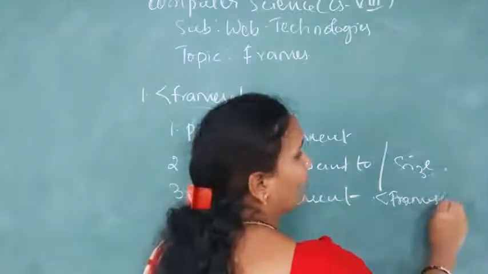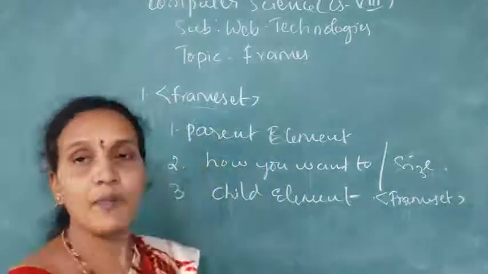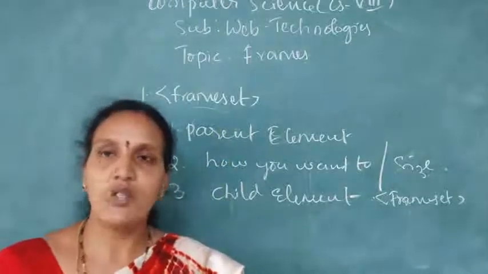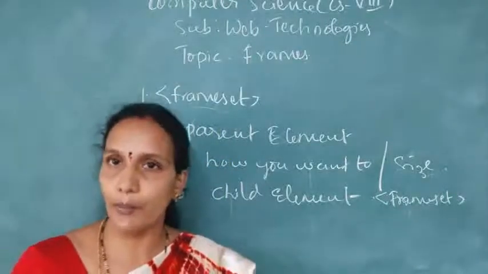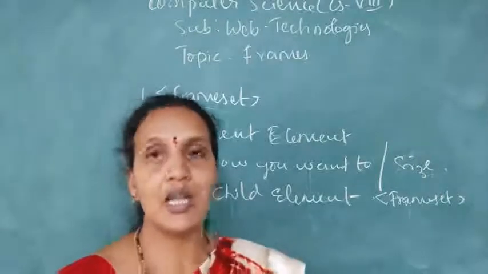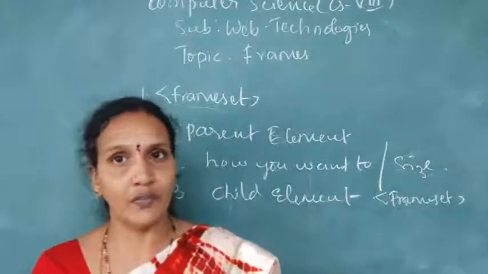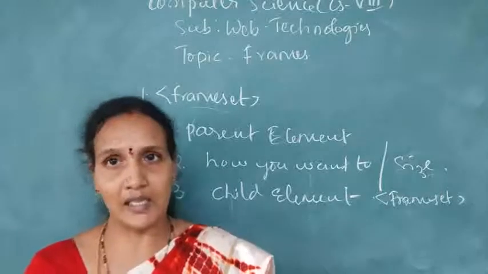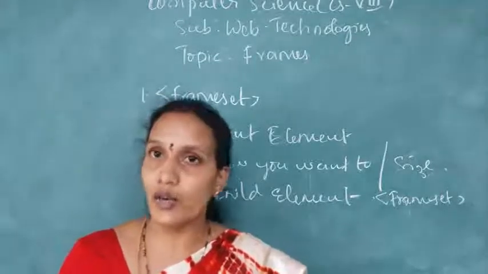Where will we write the frame tag? We will write the frame tag inside the frameset tag. So it is a condition that when you are dividing a browser window into different partitions, that partition information is given inside the frameset tag, along with what the parts are and what programs you are executing in each part.